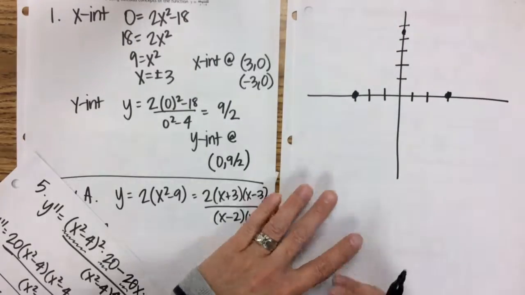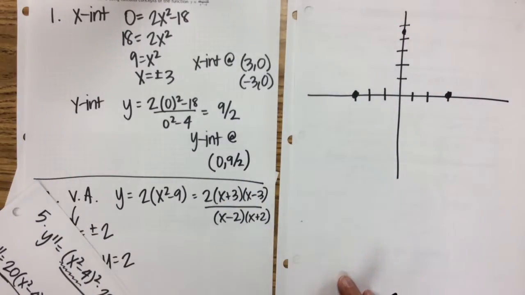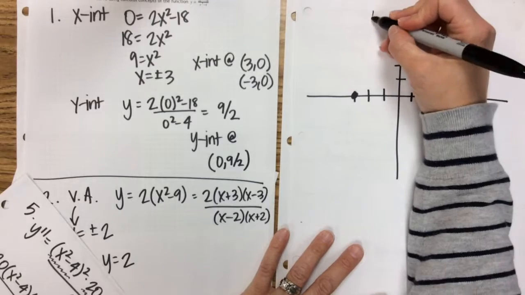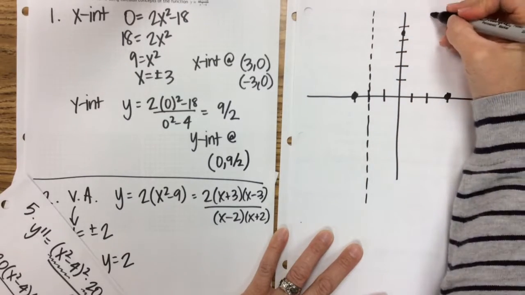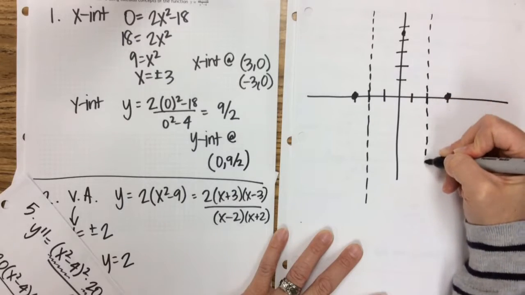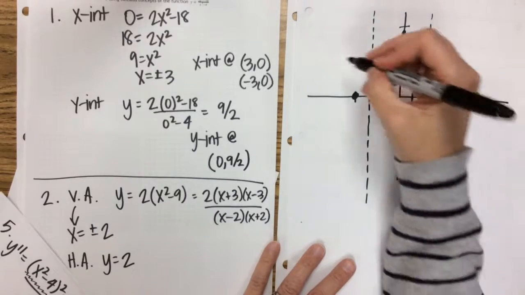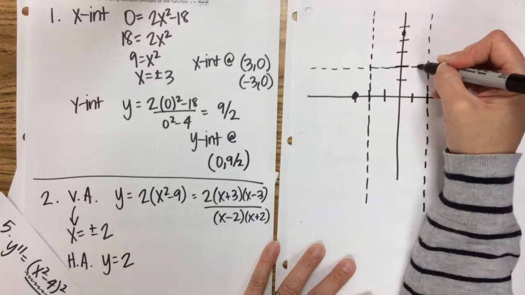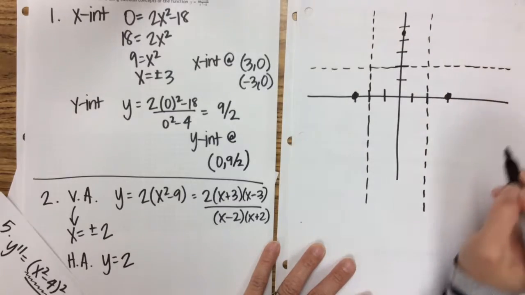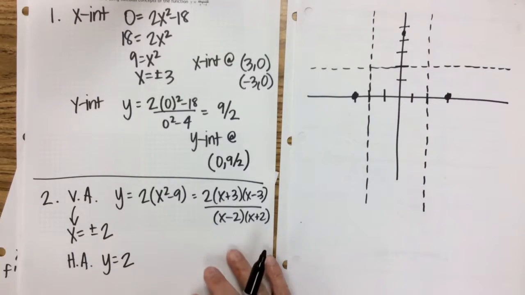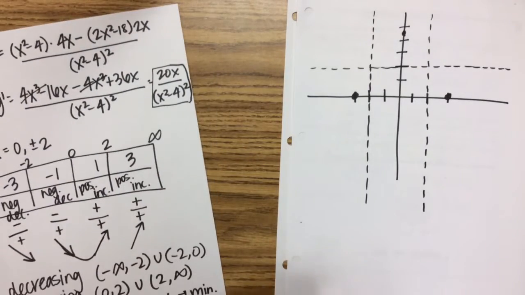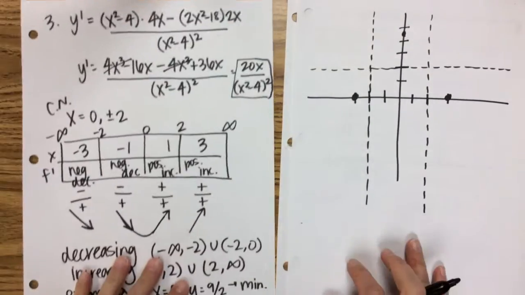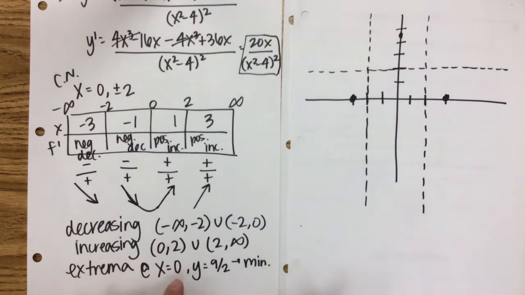All right. Next I had my asymptotes. Vertical at negative 2 and 2. Horizontal was at 2. All right. Then I have my increasing and decreasing and minimums, maximums. I said that 0, 9 halves was a minimum.